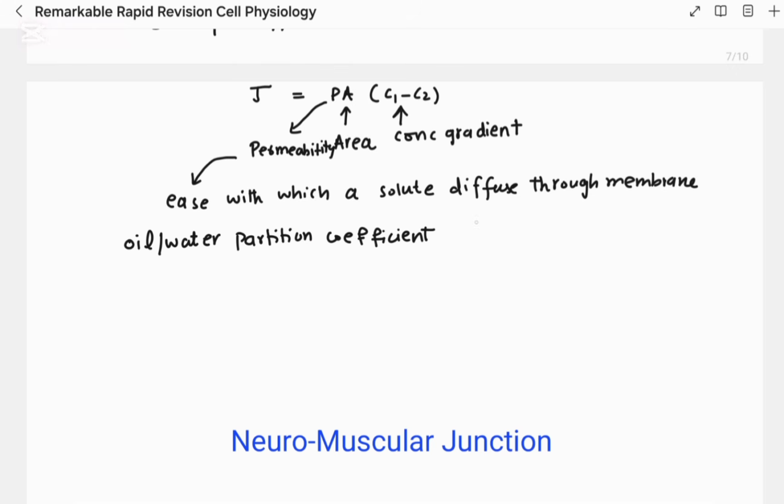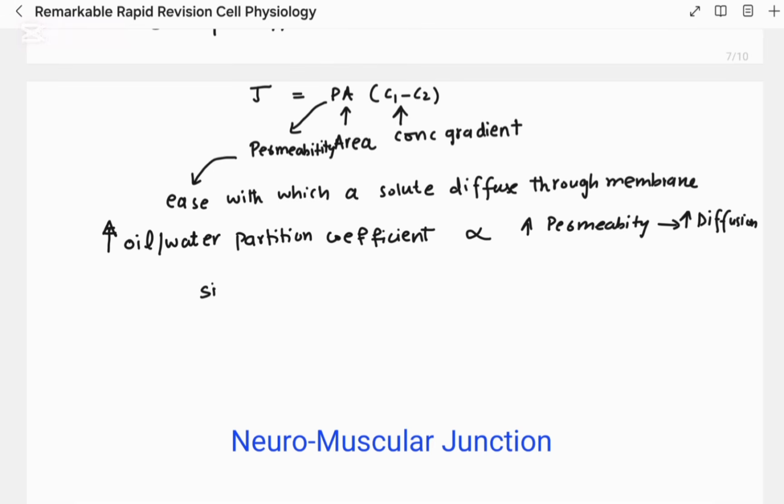So this permeability is directly proportional to it, and if the oil-water partition coefficient is high, then there is more diffusion, more permeability, eventually leading to an increase in the diffusion capacity.